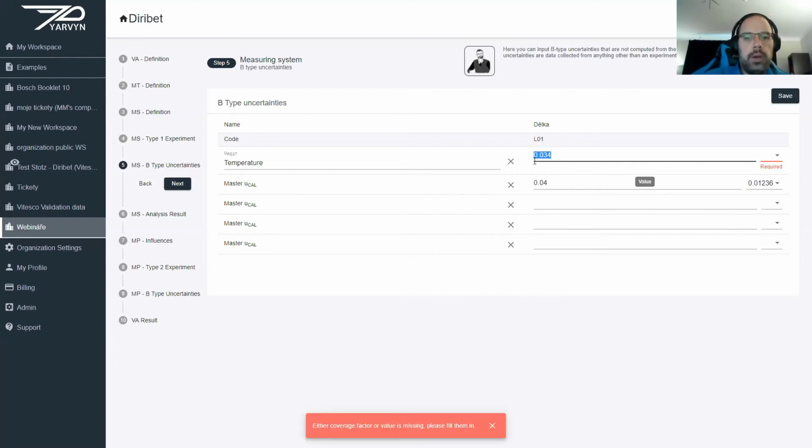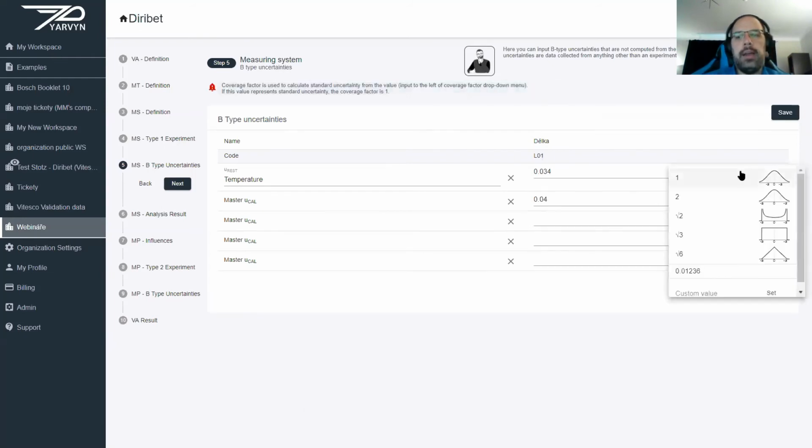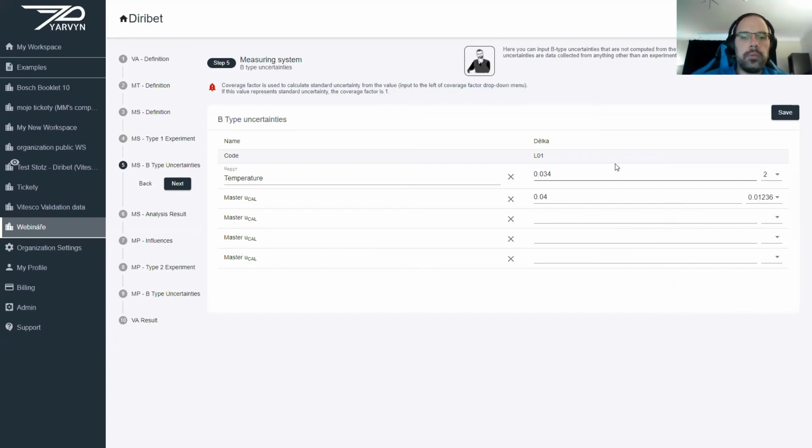If this value represents the uncertainty, the coverage factor will then be 1 or 2, and in some special cases it can be something different. The coverage factor of 1 means that this value is standard uncertainty. If you use a coverage factor of 2, it means that this value you have here is expanded uncertainty.